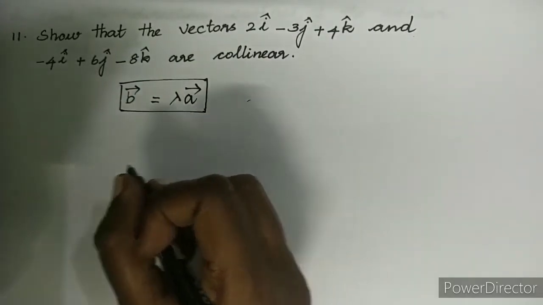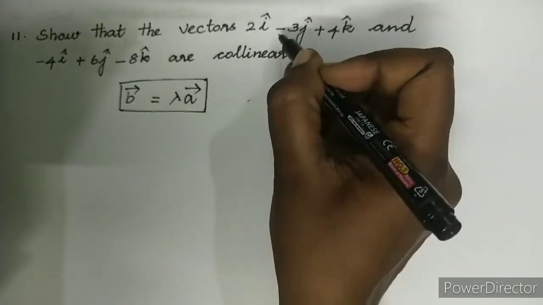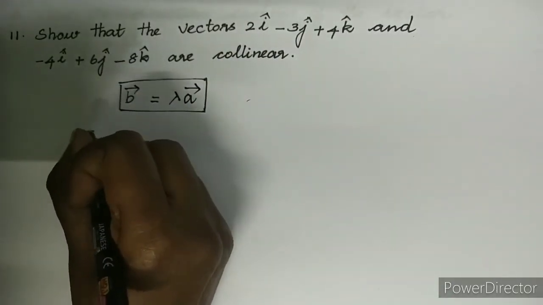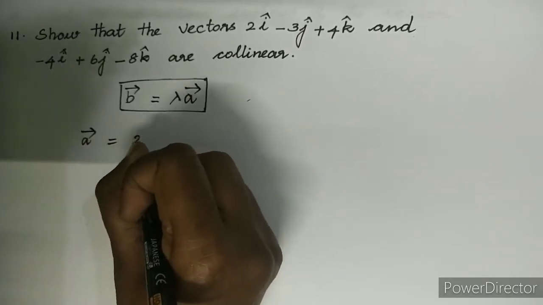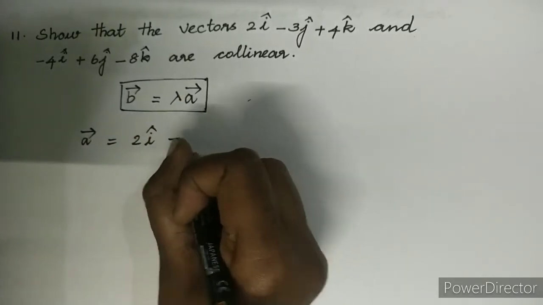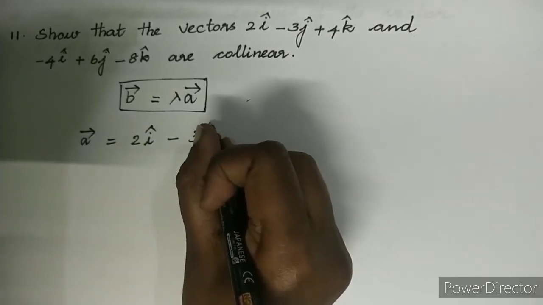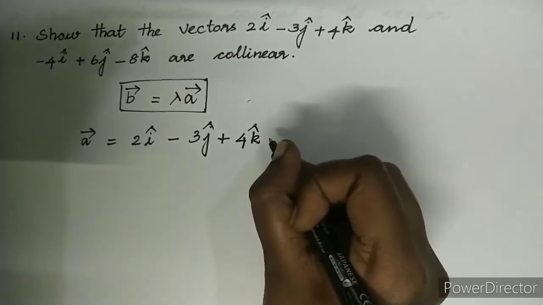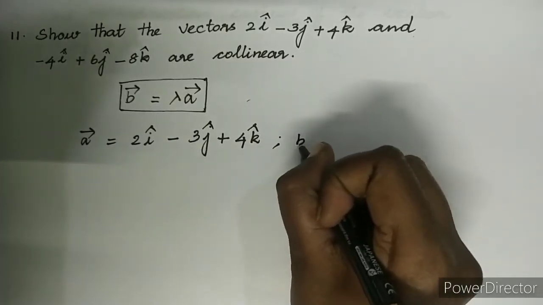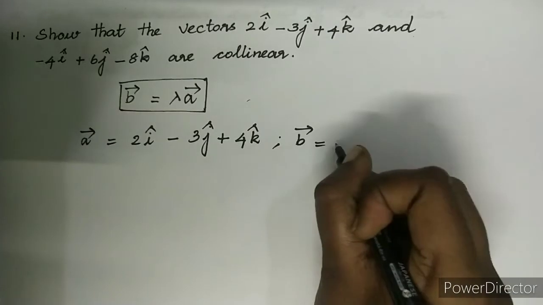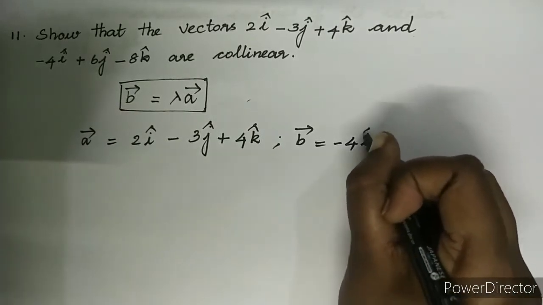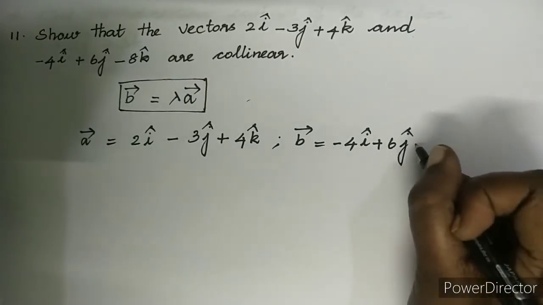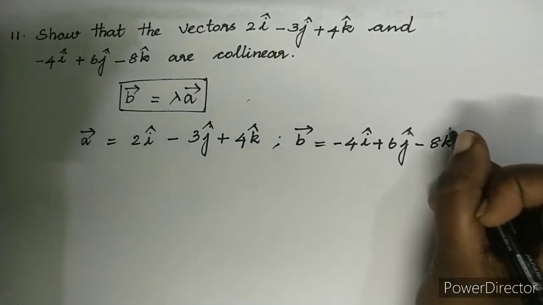For this, let us take these vectors as a vector and b vector. So our a vector will be equal to 2i cap minus 3j cap plus 4k cap, and our b vector will be equal to minus 4i cap plus 6j cap minus 8k cap.